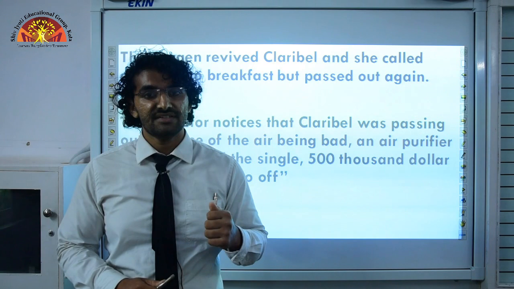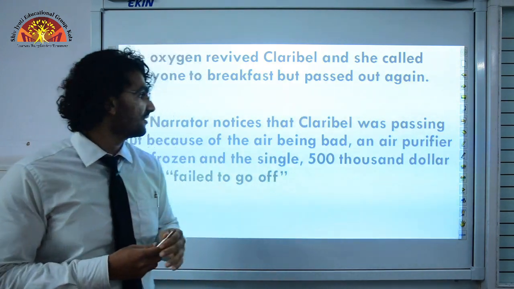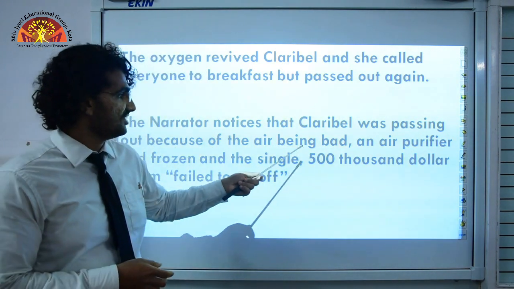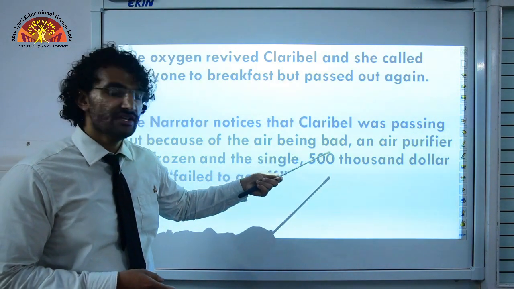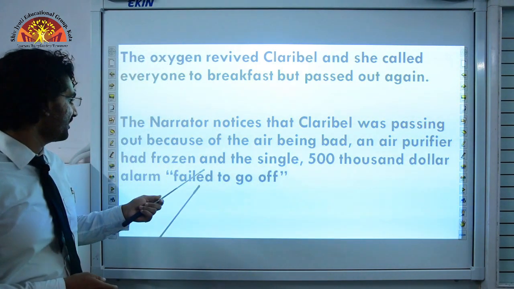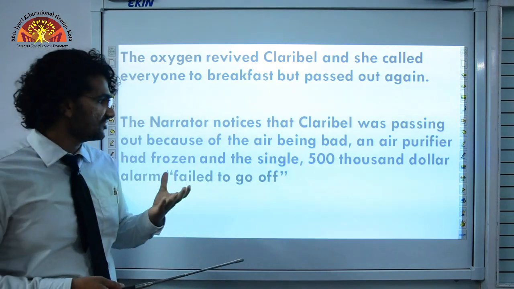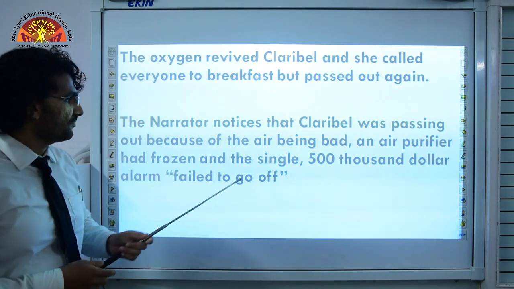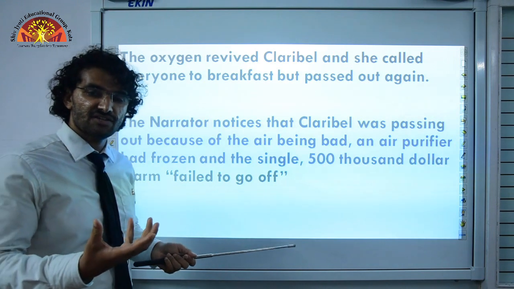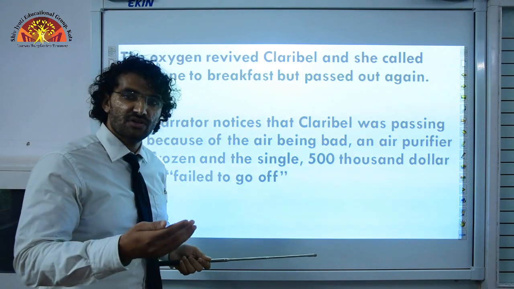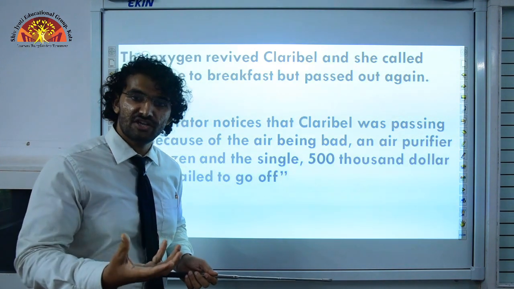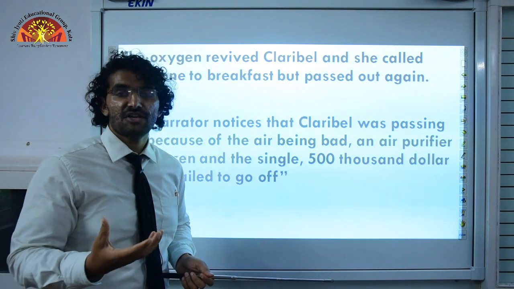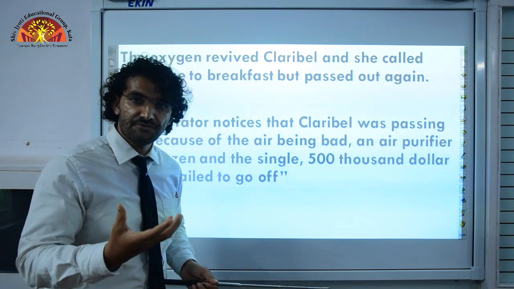The narrator realizes that bad air is the reason Claribel is passing out. On space stations, there are air purifiers which keep purifying the air, and when they fail to work, the air becomes bad and it's difficult for people to breathe. So it became difficult for Claribel to breathe.